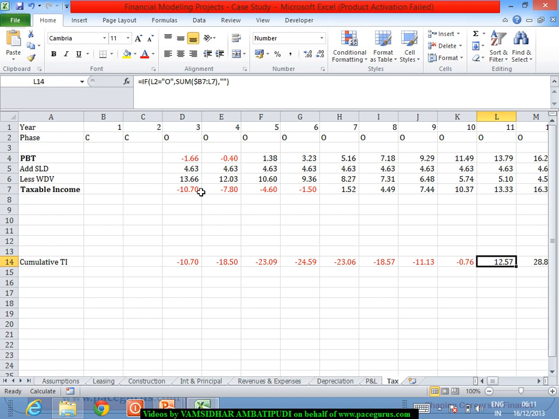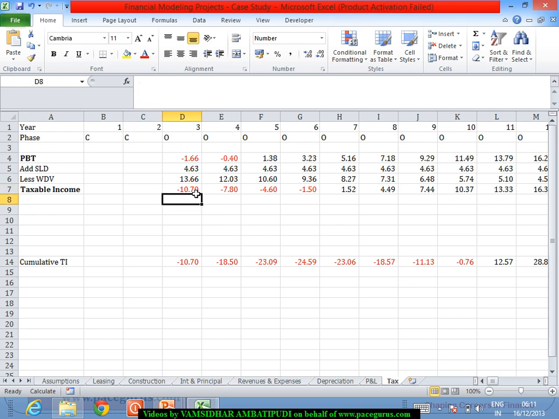But when it comes to the actual incidence of tax, the actual payment of tax, it starts from the period where your cumulative taxable income is positive, because the tax losses are actually carried forward. So because you had a few years of tax losses, logically speaking, you are supposed to pay 34% of minus 10.